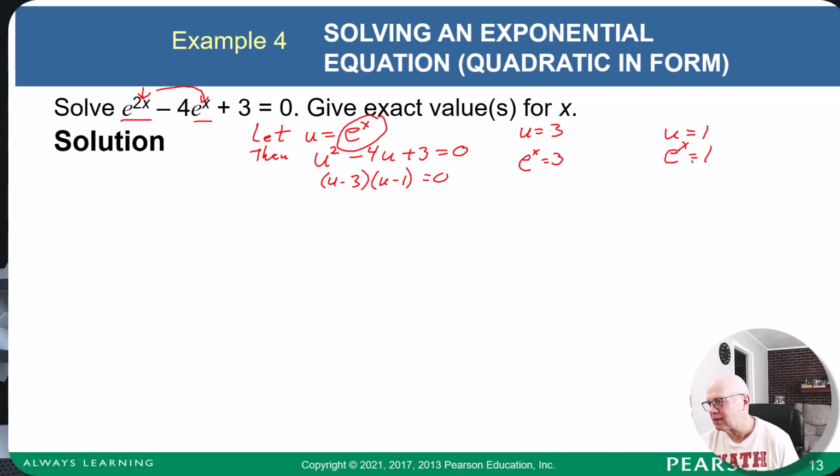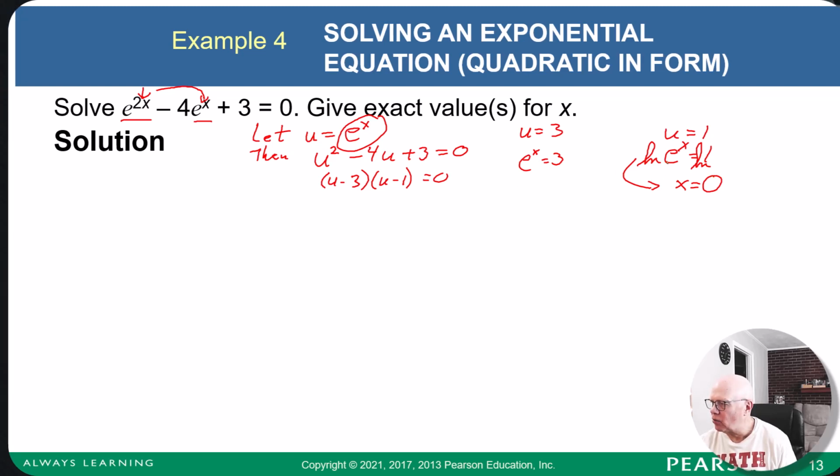The one on the right, if you're thinking quickly, you notice anything to the 0 power is 1. So you can do that real fast. Otherwise, you can take the natural logarithm of this, natural logarithm of this, and you get the same result. So x equals 0 is one solution.